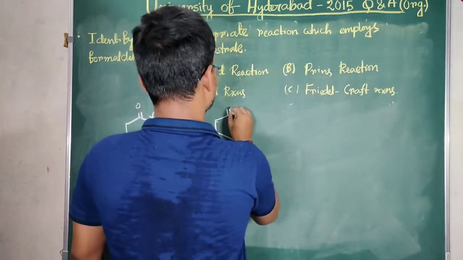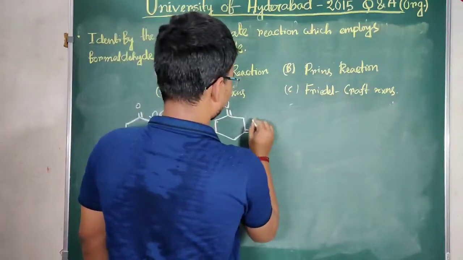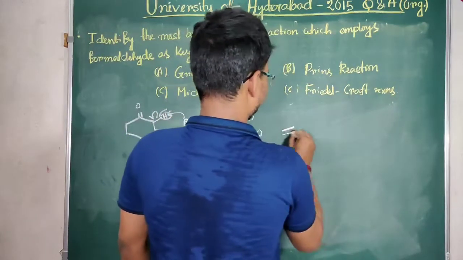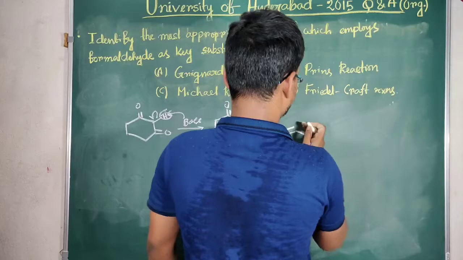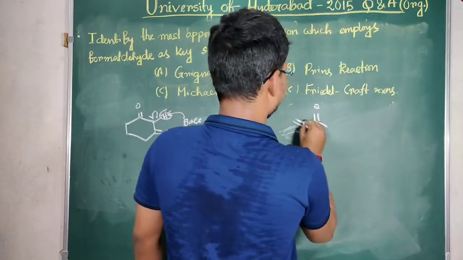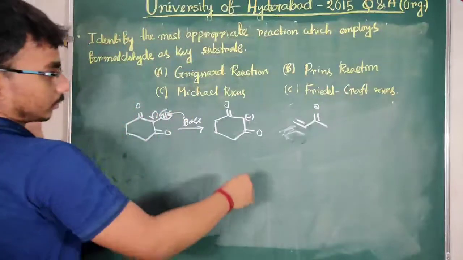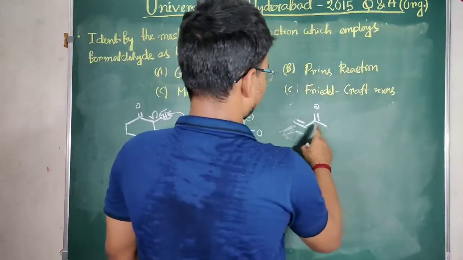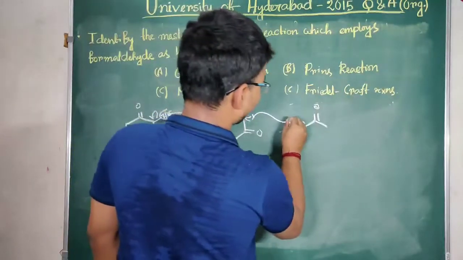So we are just generating a stable nucleophile actually, and if we treat the nucleophile with alpha beta unsaturated carbonyl, it attacks on 1,4.